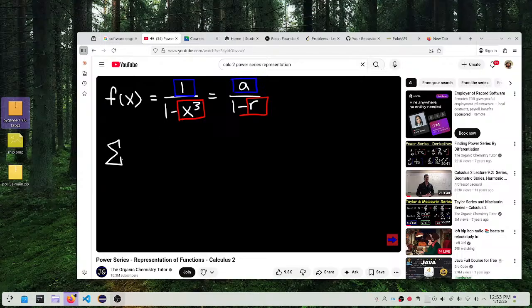So we can write the power series using this expression.